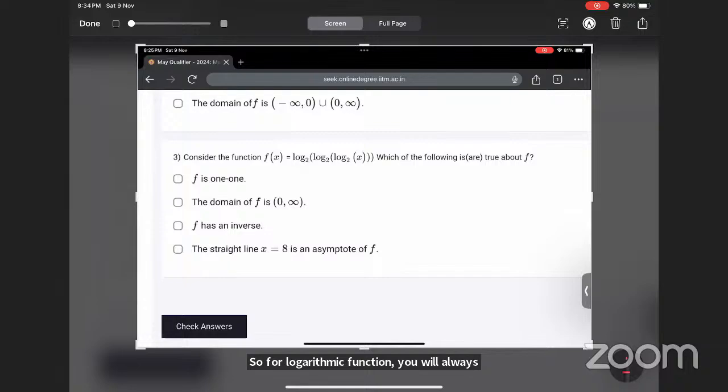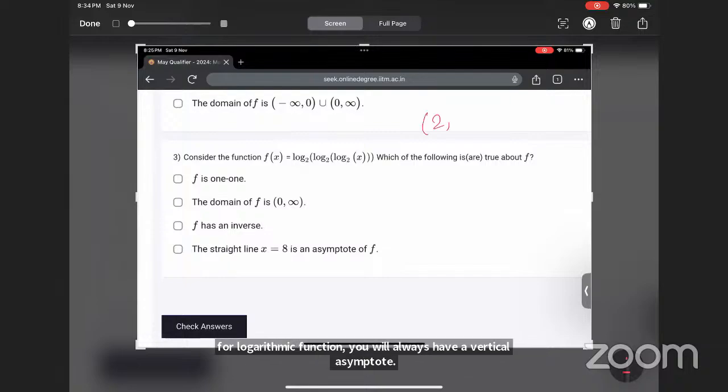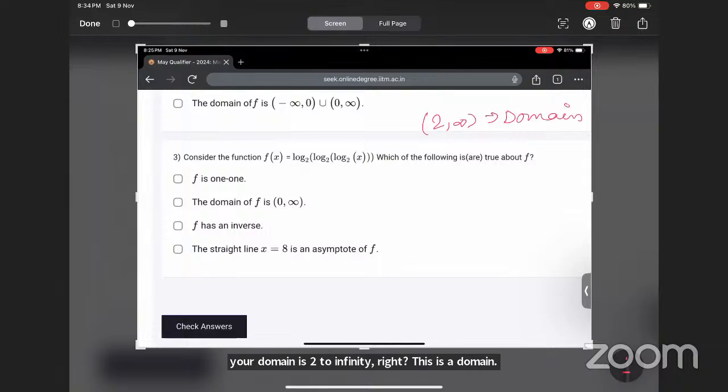So your domain is 2 to infinity, right? This is the domain. And if you want to calculate the horizontal and the vertical asymptote, you just check at the boundary points. Infinity we will not take, because infinity is not our concern.